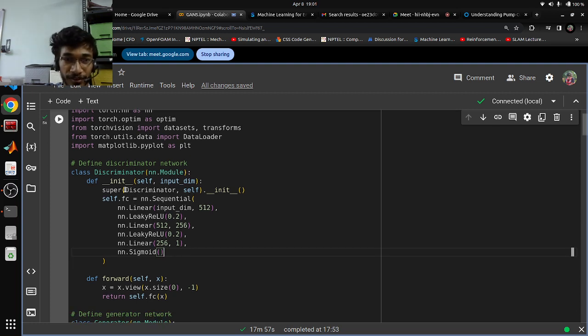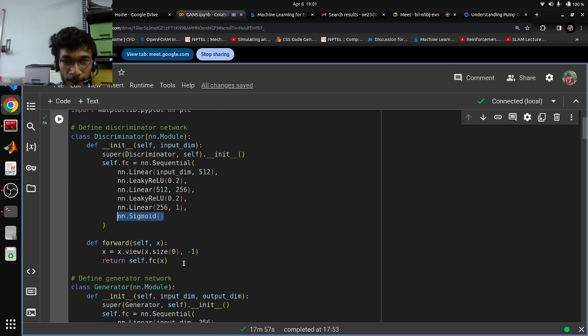As we saw, the discriminator's job is to take a real input image and return a single number between 0 and 1. That is what the final sigmoid layer is for. It returns a probability from 0 to 1: closer to 1, it's basically a true image, closer to 0, it's a fake image.